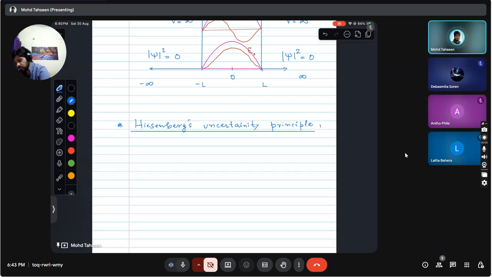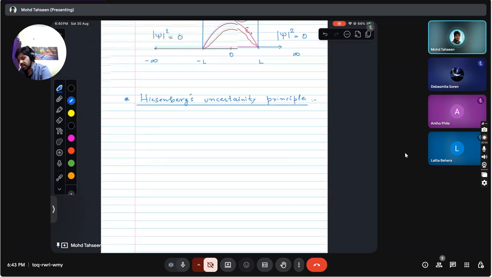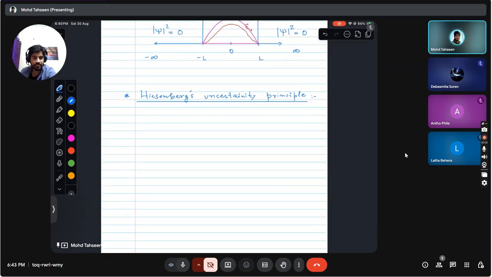Again, maybe all of you know this already. Would anyone like to tell me what's the Heisenberg's uncertainty principle? If anyone wants to add something on this principle from what you know.